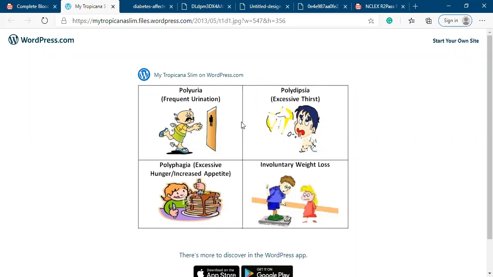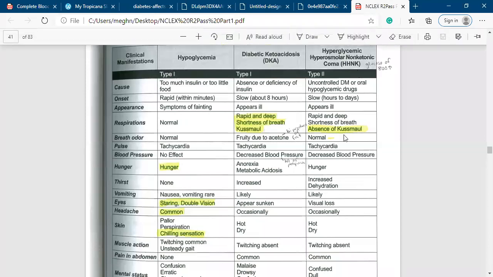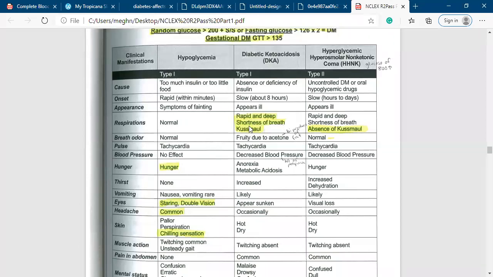hyperglycemia has a special respiration, and this is called Kussmaul respiration. Kussmaul respiration means increased rate and depth of respiration.